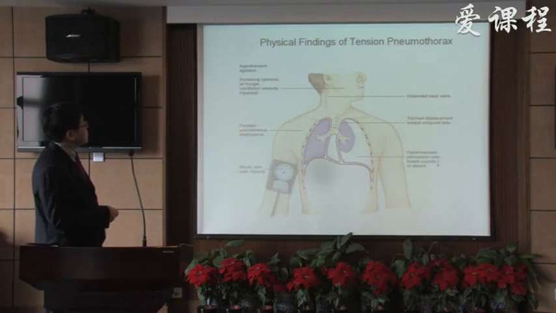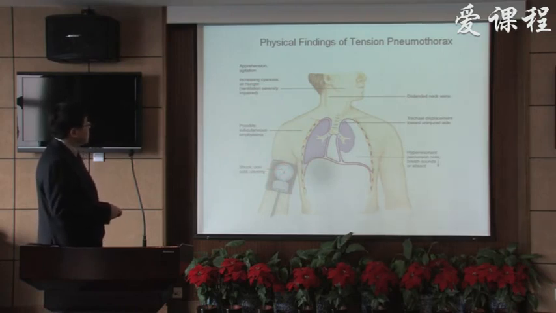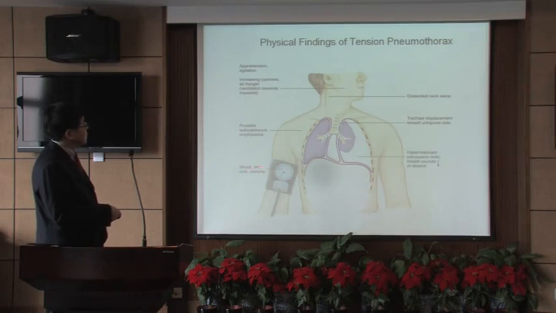There may be subcutaneous emphysema, distension of the neck veins, and increased cyanosis. The patient has tachycardia, tachypnea, and low blood pressure, so will demonstrate shock. The patient's skin is cold and clammy.